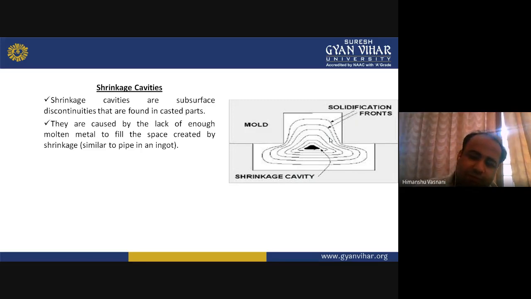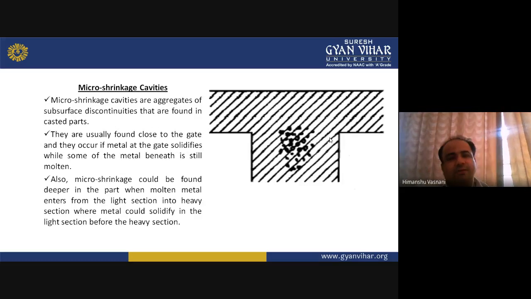Now next, we have micro shrinkage cavity. These micro shrinkage cavities are aggregates of subsurface discontinuities that are found in casted parts. They are usually close to the gate, and they occur if metal there at the gate solidifies while some of the metal beneath is still molten.